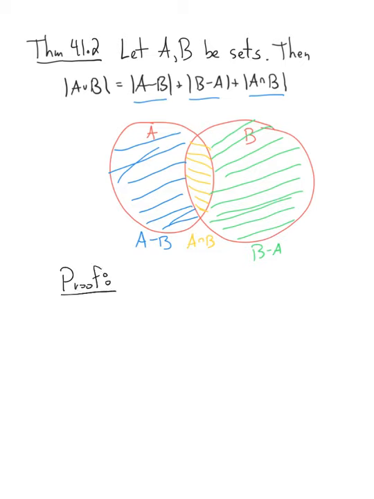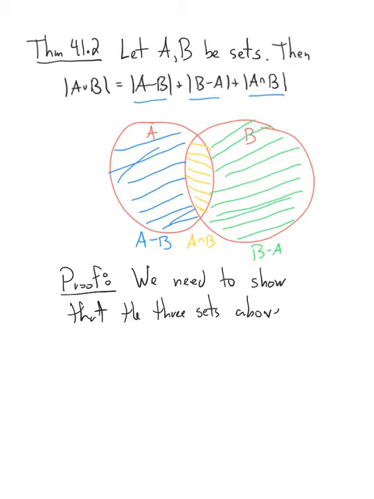So we need to show that the three sets above, and those three sets I'm talking about are A minus B, B minus A, and A intersection B, show that those three sets are pairwise disjoint.